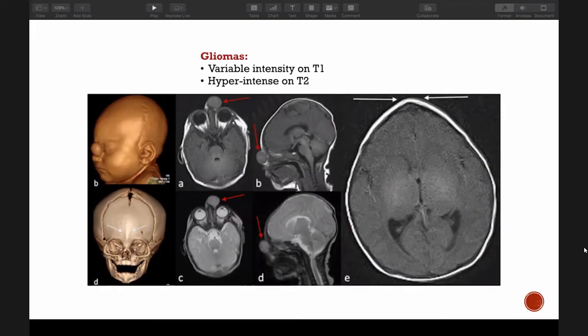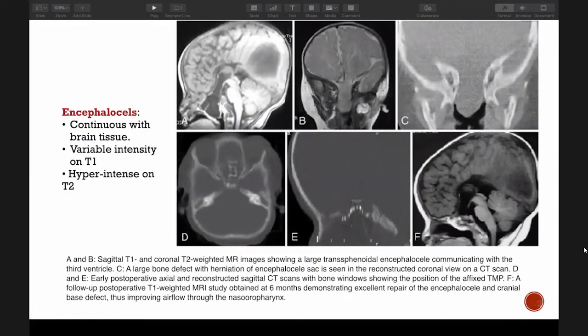Here you can find the CT and also the MRI. The above pictures are before surgery, where we can see the brain element protruding into the nasopharynx, and the picture below is post-op.